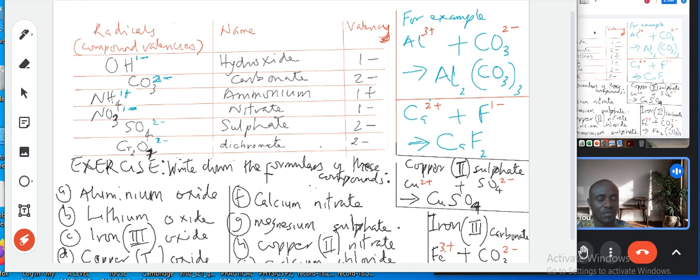And so you're going to have what? Al2, and then CO3, because they swap. The carbonate collects the valency of aluminium. So CO3 we have a 3, while Al we have the 2.